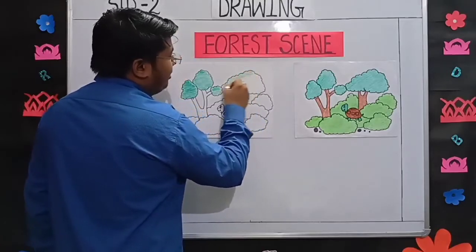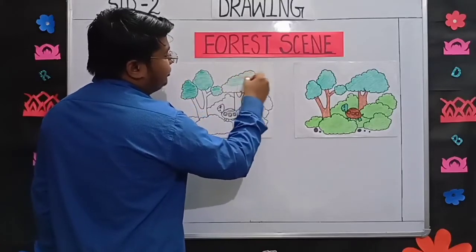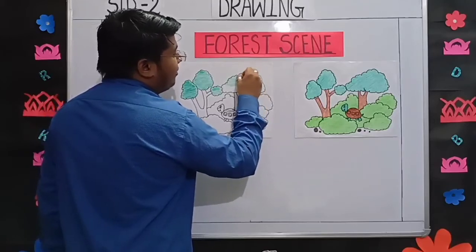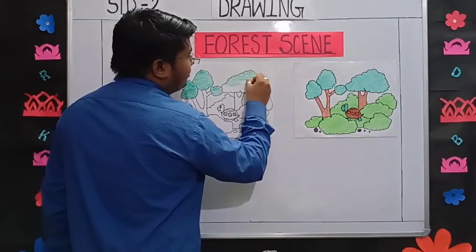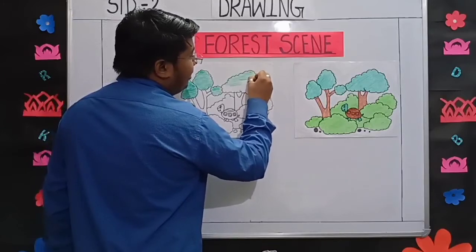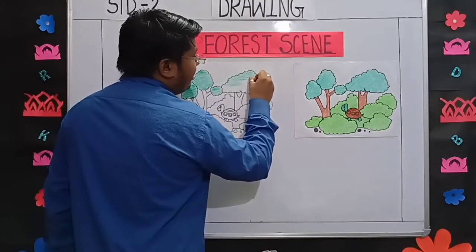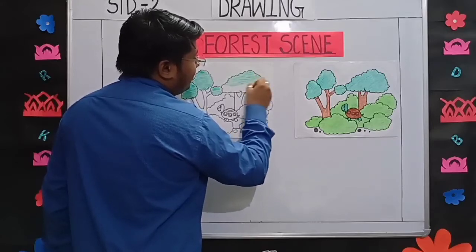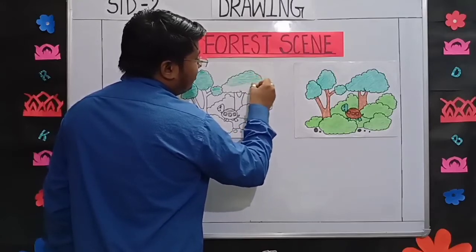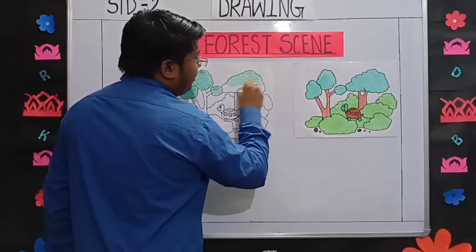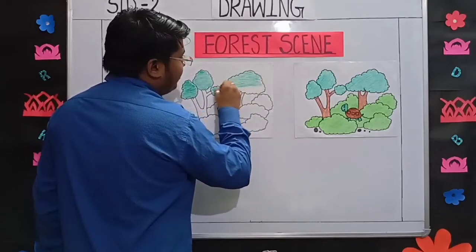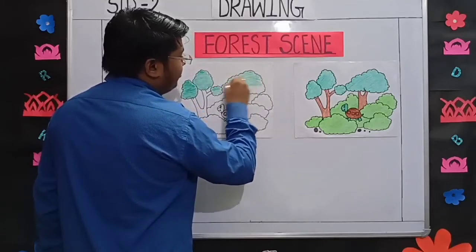See how I have done in the corners? Can you see how I have colored in the corners of the tree? You have to be very careful. Color evenly. Clear? Color the picture evenly. And if you find any white patches, what you have to do?